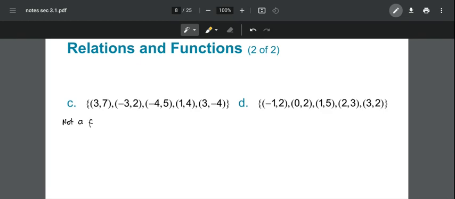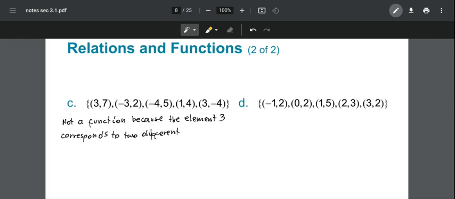So not a function because the element 3 corresponds to two different elements, 7 and -4, in the range.